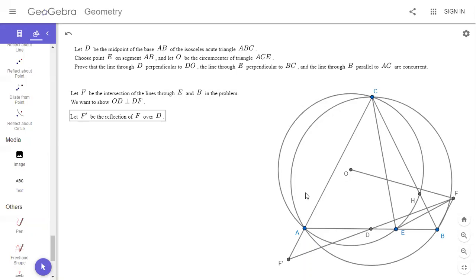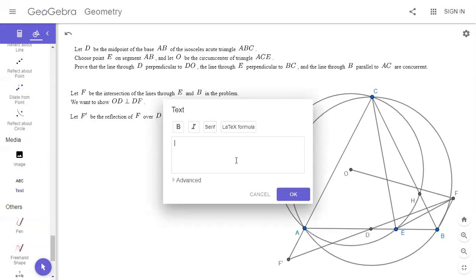And now we could show that C, A, and F prime are collinear. It's not too hard. So I'm just going to write, FB is a parallelogram.